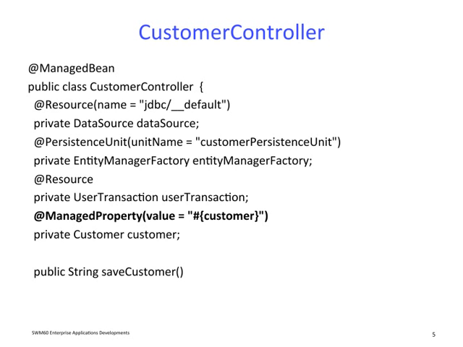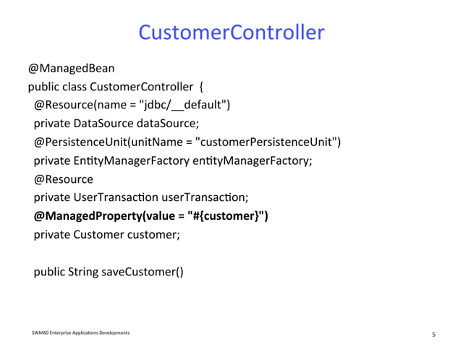The managed property resource is the table customer that is going to be created in the database, and the bean customer object will be part of this application, and the variable customer will represent that object. Some methods are needed in this controller.